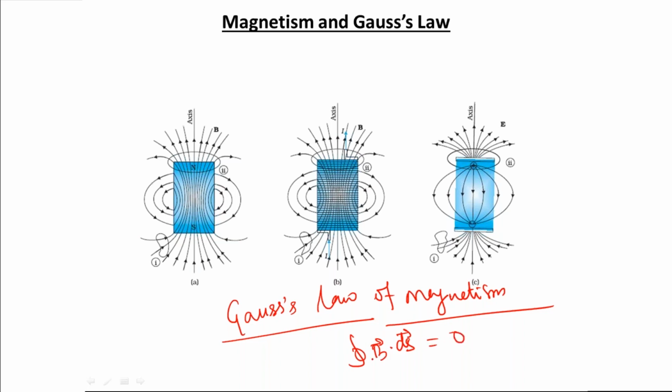That means the flux through a closed surface will always be 0 in magnetostatics, or in the case of magnetism.